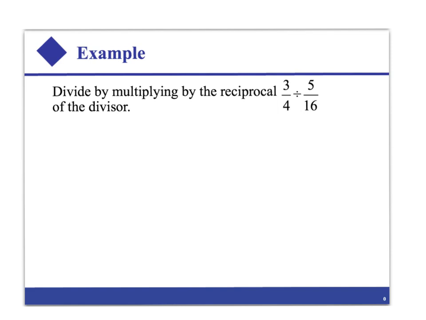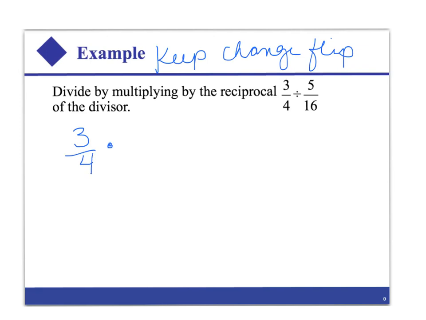Alright. This one says divide by multiplying by the reciprocal of the divisor. Again, keep, change, flip. We're going to keep the first one, change the operation, and flip the second one.